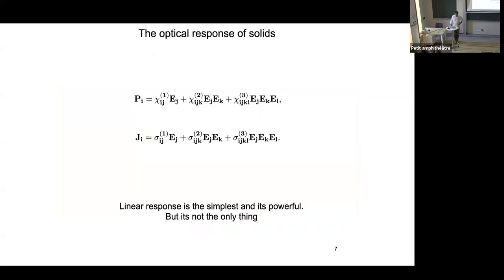Okay, good. So back to what we had there. I showed you this slide before. When we're thinking about the response of interesting, complicated materials to electromagnetic radiation, we like linear response, because it's simple and powerful. We can do a lot with linear response, but all physical systems have nonlinearities.